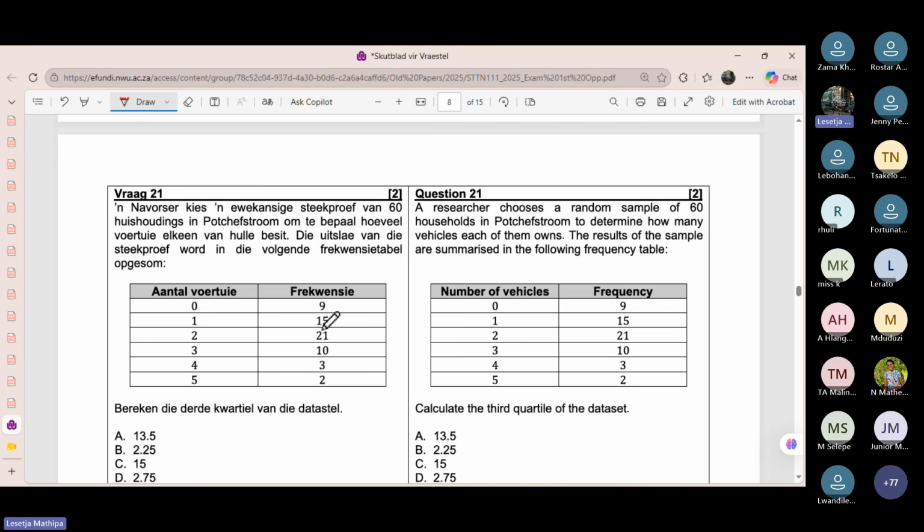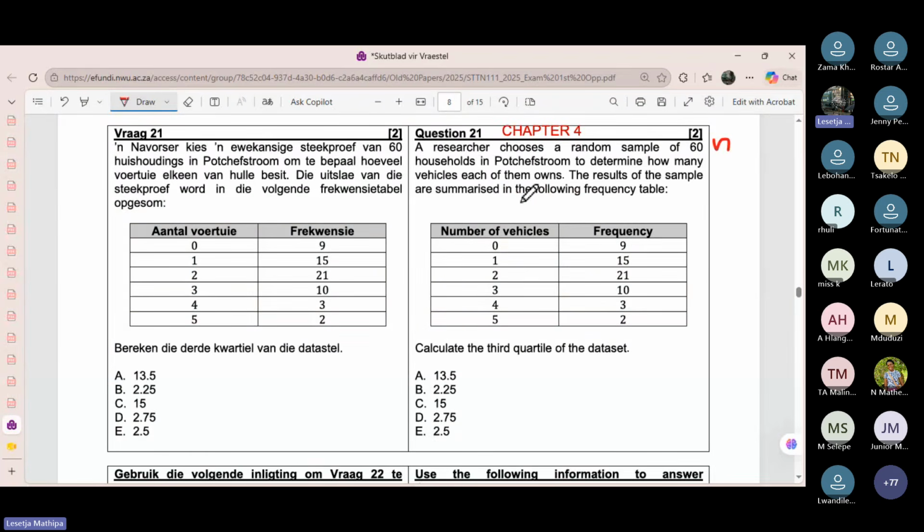So let's look at this one. Question 21. Question 21 is based on chapter 4. It says that the researcher chooses a random sample of 60 households to determine how many vehicles each of them owns. So you can see that n is equal to 60. Now the results of the sample are summarized in the following frequency table.